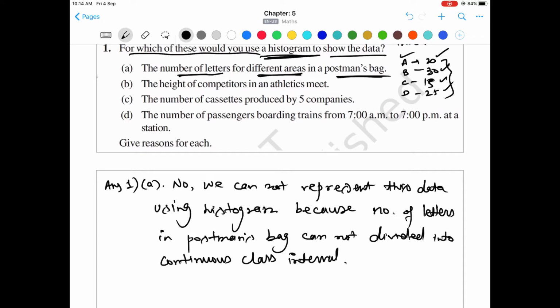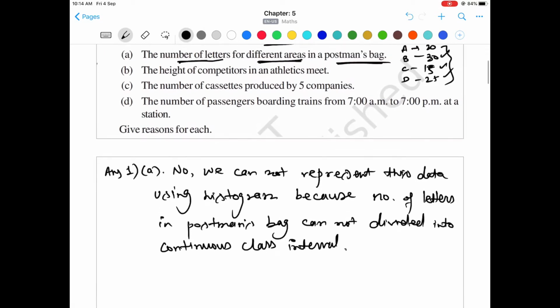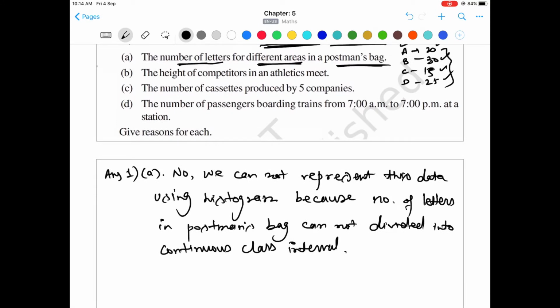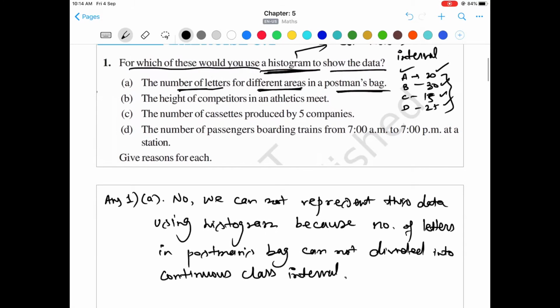Since we cannot divide the number of letters into continuous class intervals, we cannot represent this using a histogram. So that's the answer of question number 1, part A.